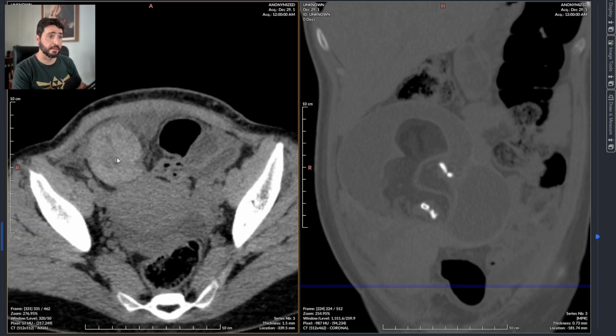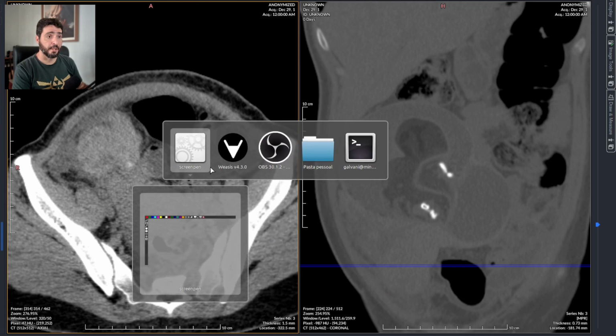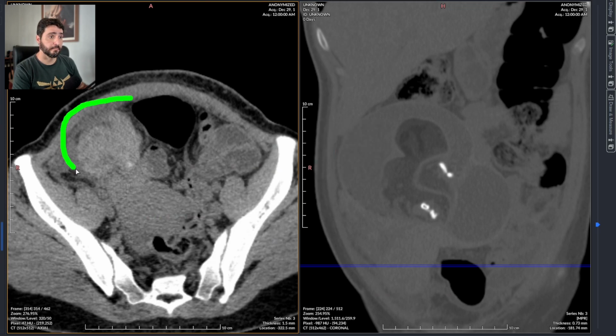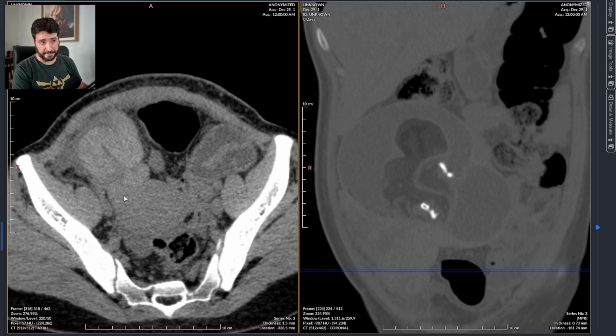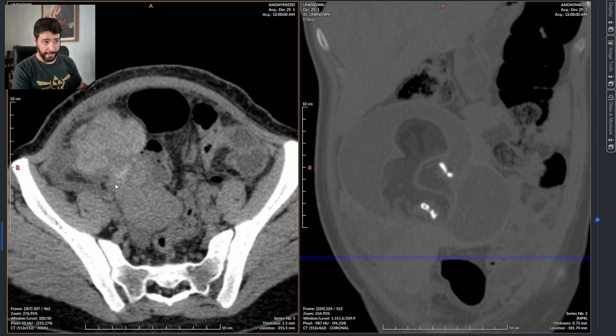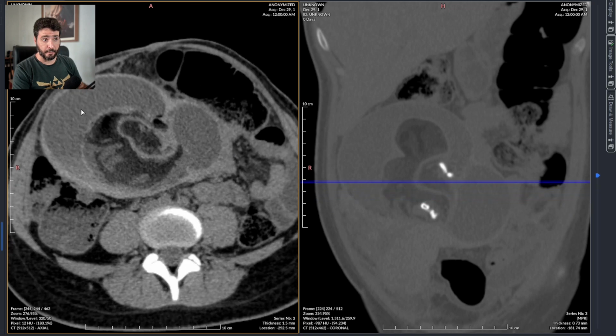Remember, we saw this odd densified serpiginous lesion right here. This goes from the right cornual side of the uterus and goes up and joins together with the lesion.